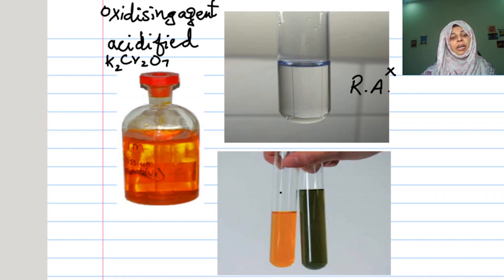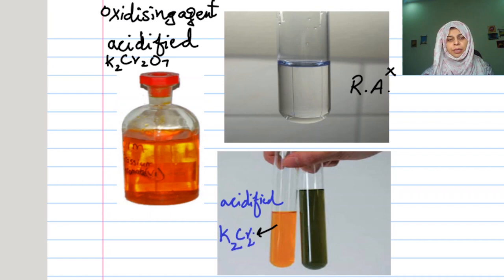But if it changes the color of acidified potassium dichromate from orange to green, then we will say that this salt solution contains the reducing agents.